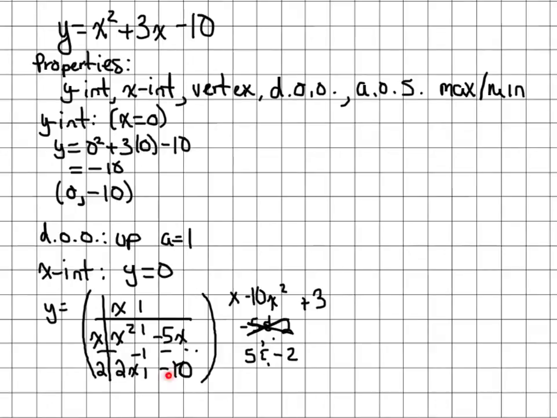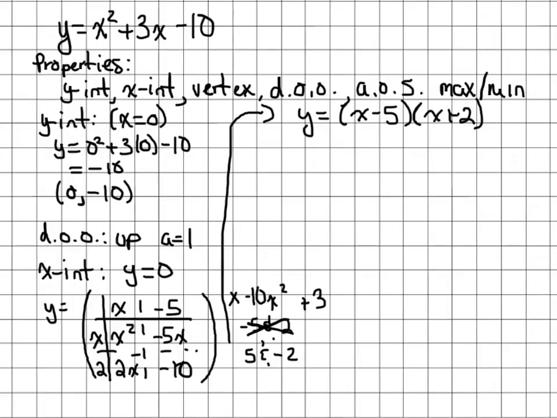And common in the second column is negative 5, so the sign staying with the line. So now I have my factors. I'm going to bring this up here. Our factored form is y equals x minus 5 times x plus 2.